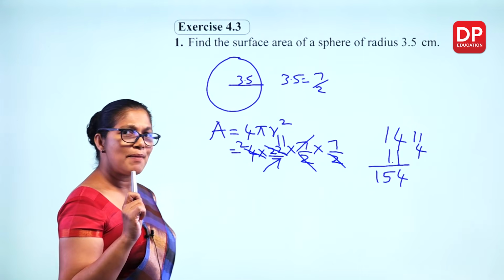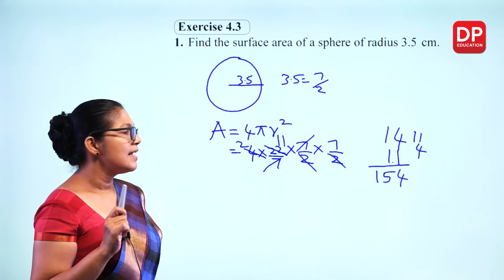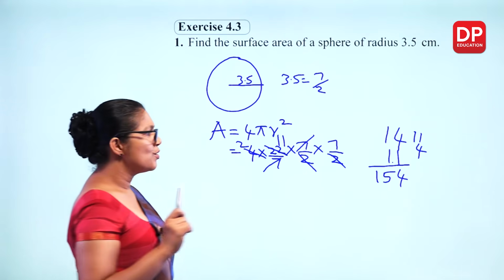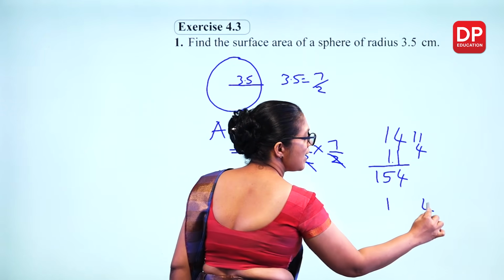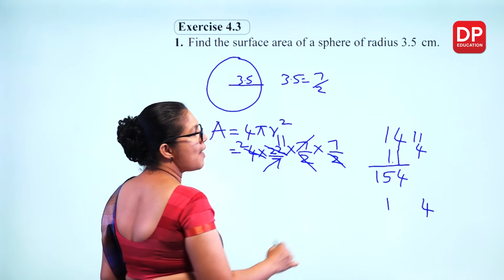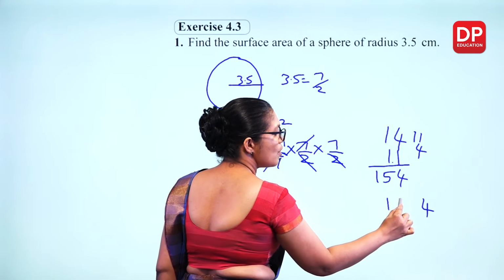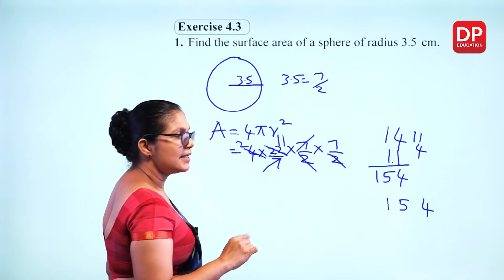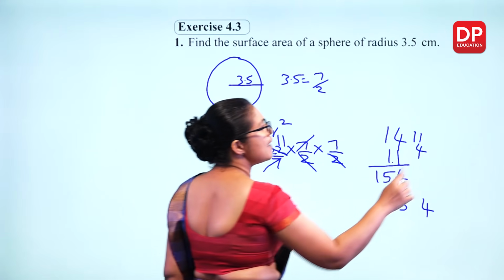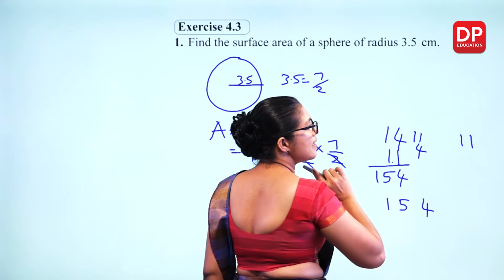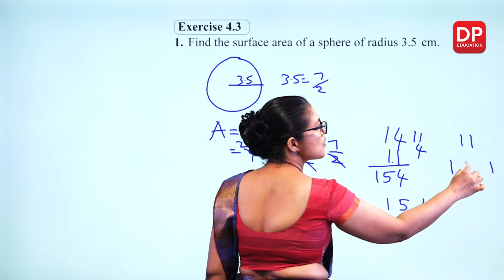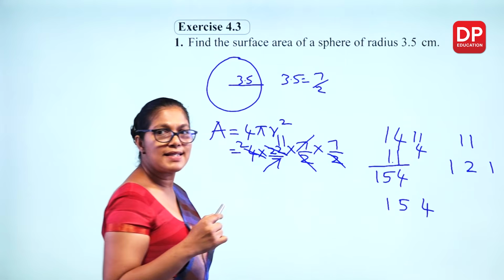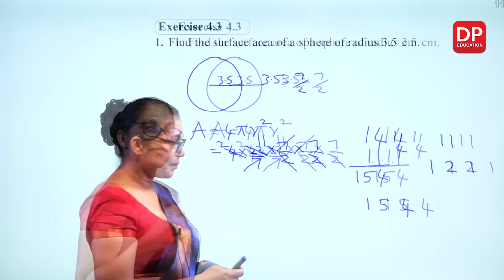So there's an easy method when you are multiplying by 11. How do we do it? If you want to multiply 14, we separate 1 and 4. And then 1 plus 4 comes in the middle. Then if you want 11 times 11, you separate these two and 1 plus 1, you get 2 as the middle term.